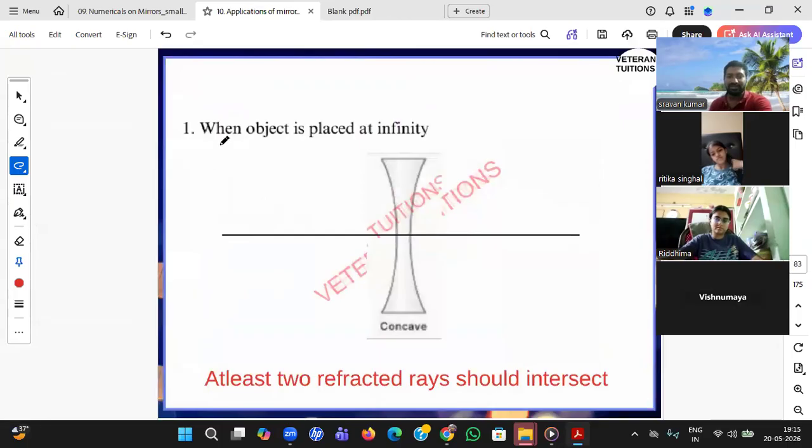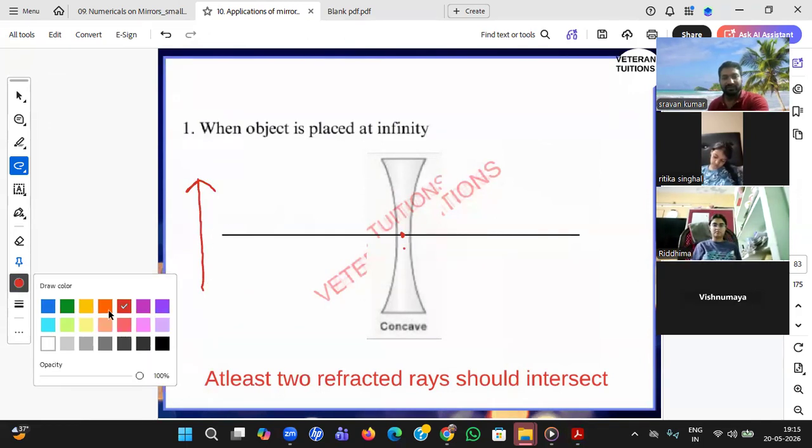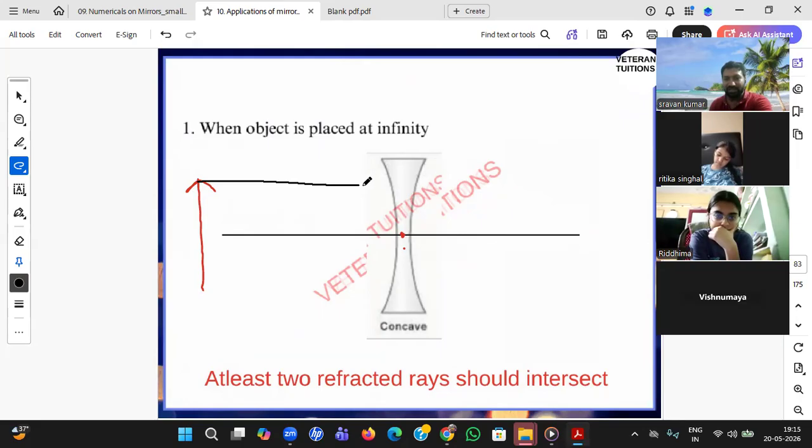So the first case, the object is kept at infinity. Yes, Ridhima, object at infinity. So what type of rays should I consider? Parallel rays. So Ridhima, can you say that parallel rays are coming? Sir, as this is a lens, so center of curvature, focus, focus, center of curvature.